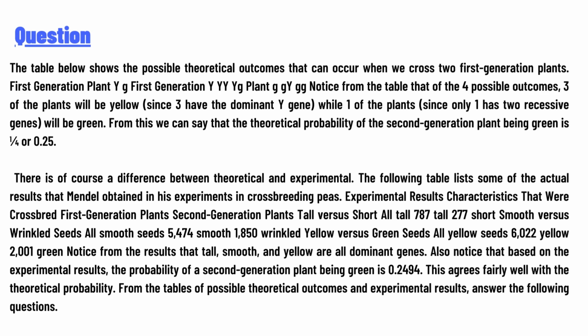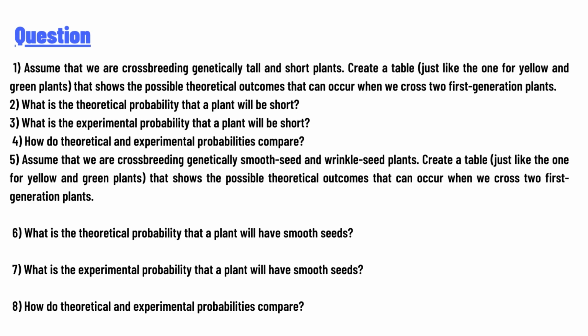To answer the following questions, first assume that we are crossbreeding genetically tall and short plants. One, create a table that shows the possible theoretical outcomes that can occur when we cross two first generation plants. Two, what is the theoretical probability that a plant will be short? Three, what is the experimental probability that a plant will be short? Four, how do theoretical and experimental probabilities compare?